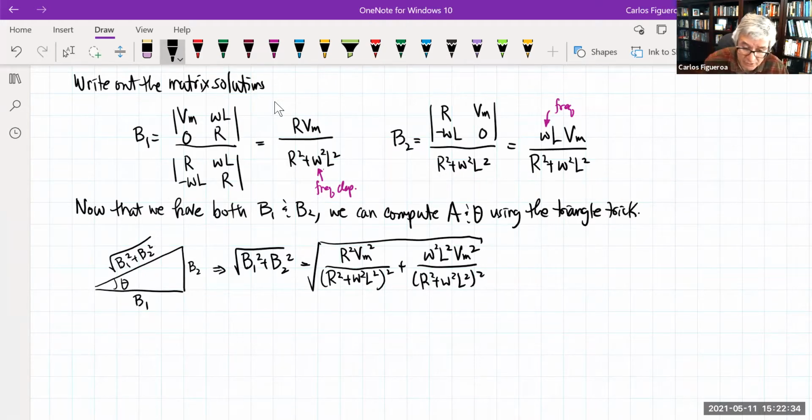So right away, what you can see here is that I'm going to do what? The first thing here is that I'm going to pull this guy out of here. I can pull out, note that I could pull out Vm and I can pull out the denominator. So if I pull them out, I'm going to get r squared plus omega squared L squared.